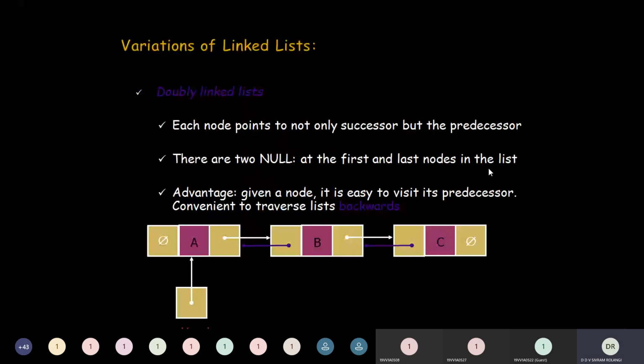It's unidirectional traversing. We can move from head node to tail node, but the reverse is not possible. We cannot traverse from the tail node back to the head node. Backwards traversing is not possible, right?